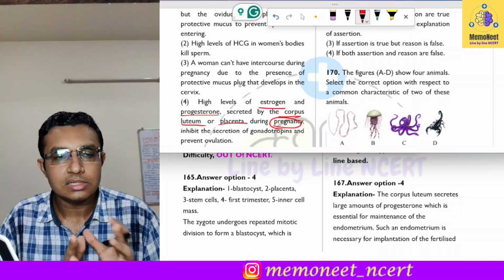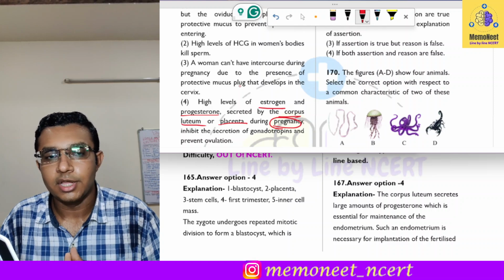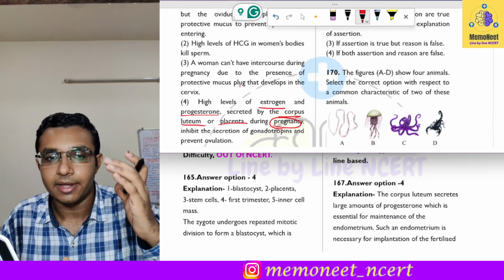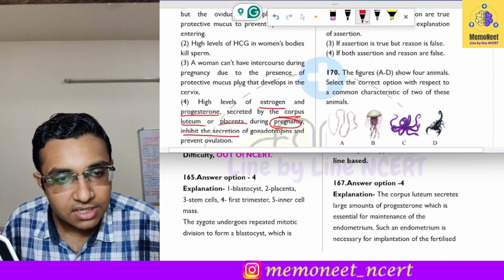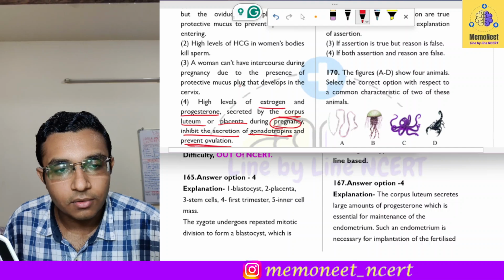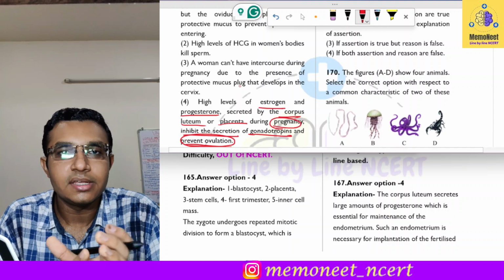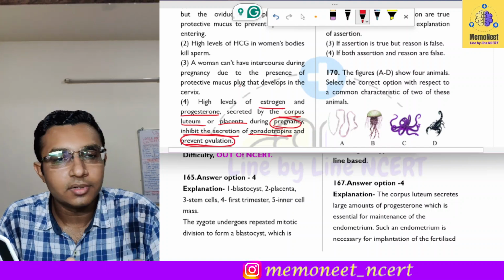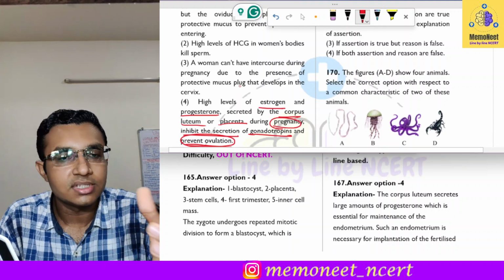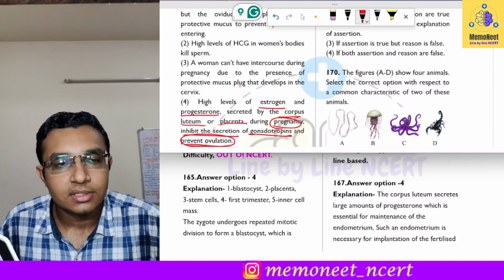So what do these high levels of estrogen and progesterone do? They provide negative feedback and inhibit the secretion of gonadotropins and therefore prevent ovulation. So when the female is currently pregnant, there is no further ovulation; the ovulation is inhibited. This is the correct answer.